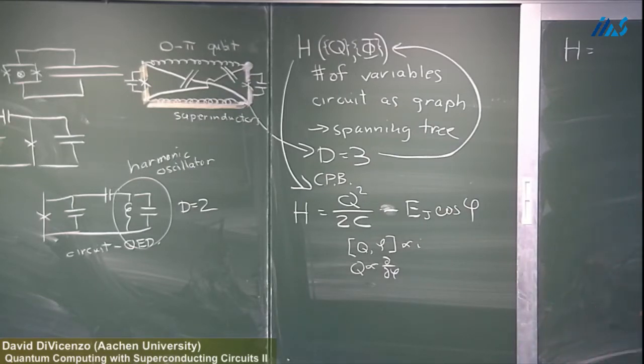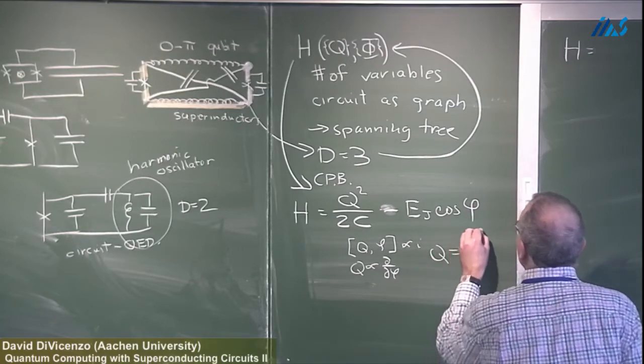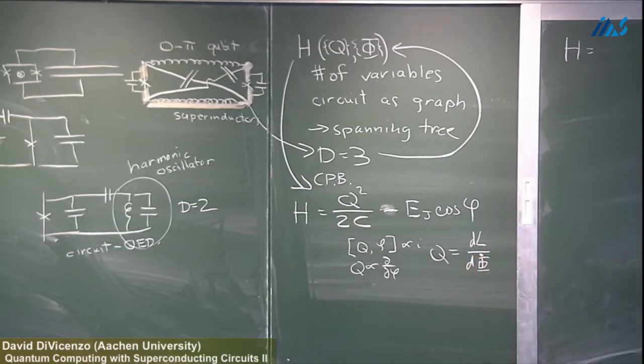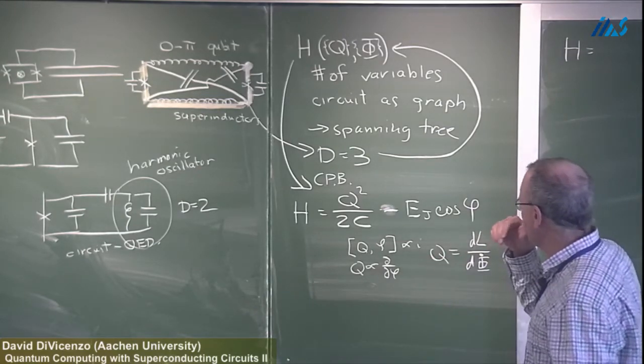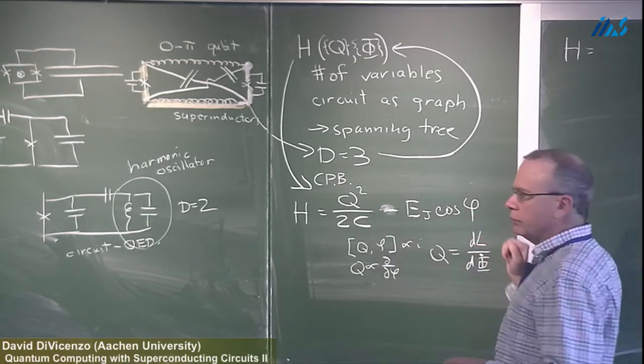You'd flunk your mechanics course if you confused phi dot with Q. But Q is like the derivative of the Lagrangian with respect to phi dot, if I recall correctly. That's an element of the Legendre transformation, which I didn't want to have to remember precisely enough to lecture about. But anyway, it's this structure that tells you that Q does, up to constants, serve as the conjugate variable to phi.